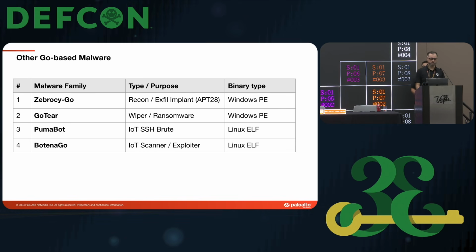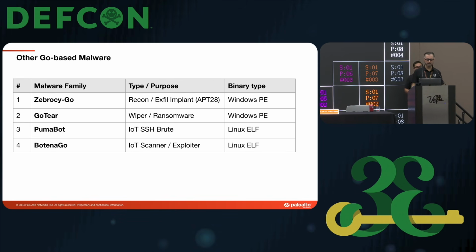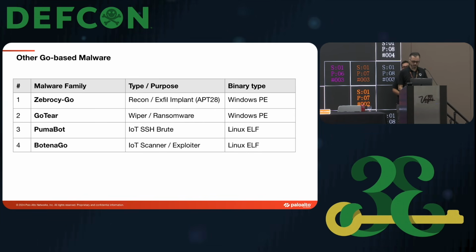The third case is Pumabot. Pumabot is malware which focuses on attacking IoT devices, and it performs different malicious attacks, for example SSH brute force. This is a Linux ELF sample. And finally, we have BotnetGo, which is an IoT scanner and exploiter. This is also an ELF for Linux.